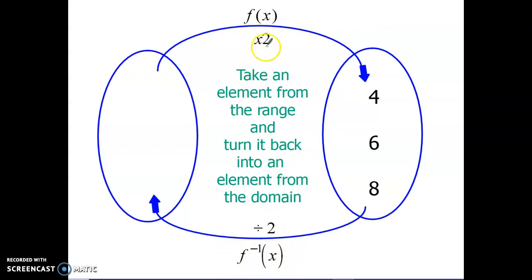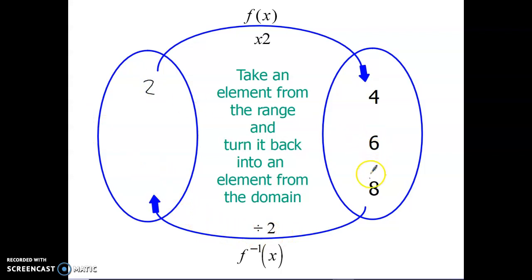So if my original function was multiplying by 2, the thing that's going to undo that, its inverse, is dividing by 2. So if I take an element from the range of the original function, here's the range set, I'm going to take that element of 4, divide by 2, and I'll turn it back into the 2 that we had to start with.